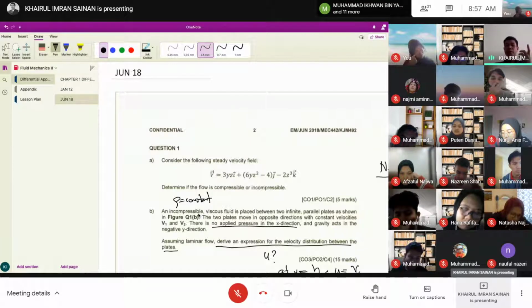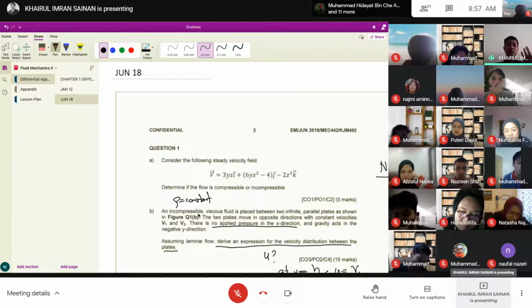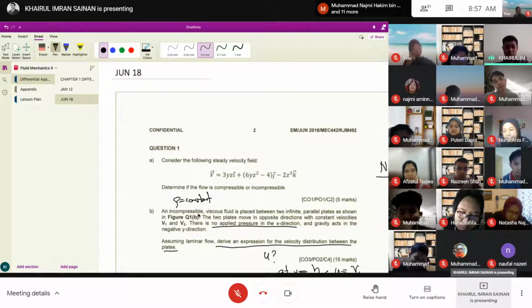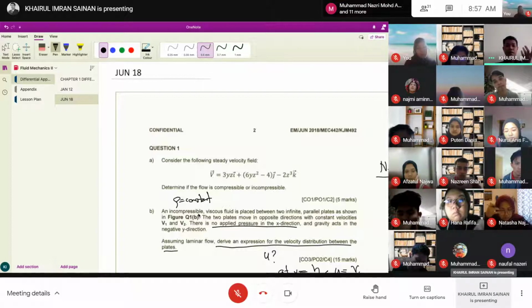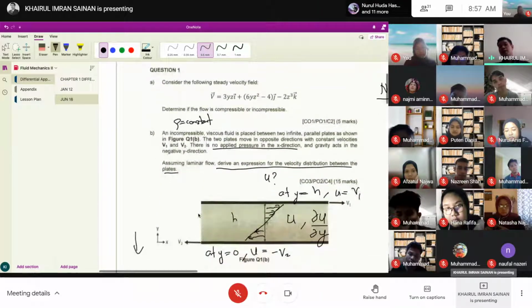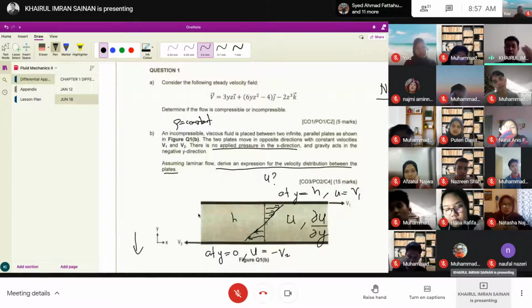Okay, so I want to emphasize here, for chapter number 2, even if there's no mention in the question about whether the flow is compressible or incompressible, you always treat our problem as an incompressible flow, because if you have a flow in pipes or between plates, the fluid flow is going to be slow.